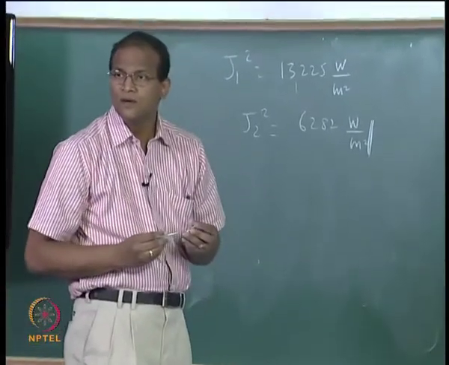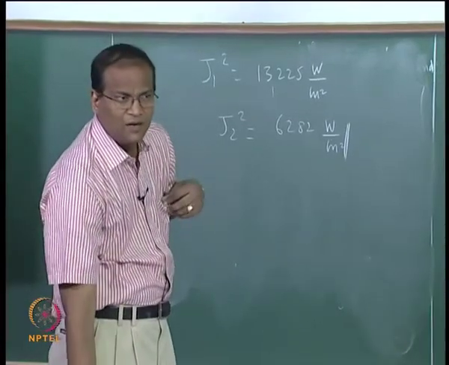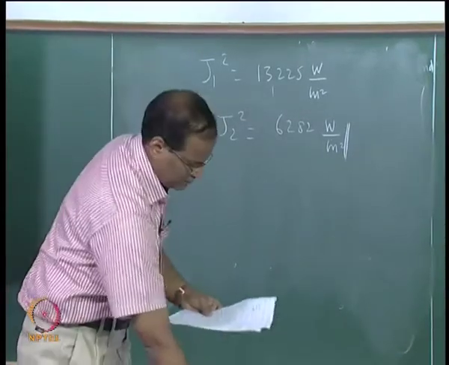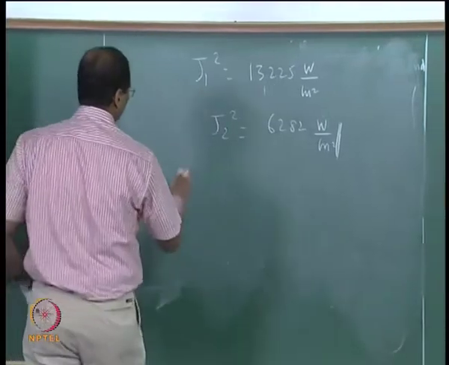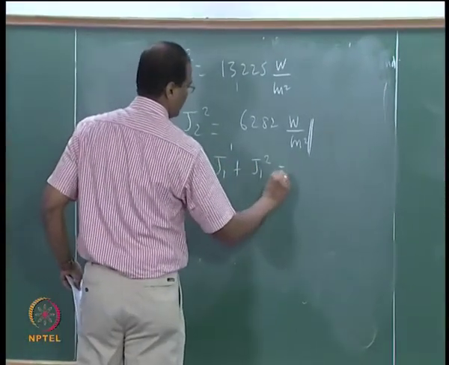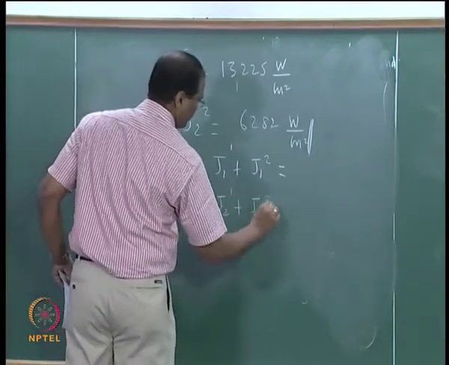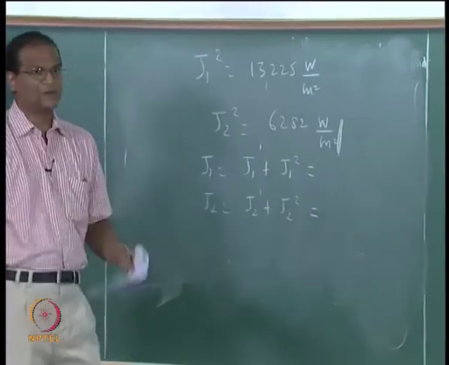What happened? Equations are right? Now, yeah, get the expressions for J1 and J2.